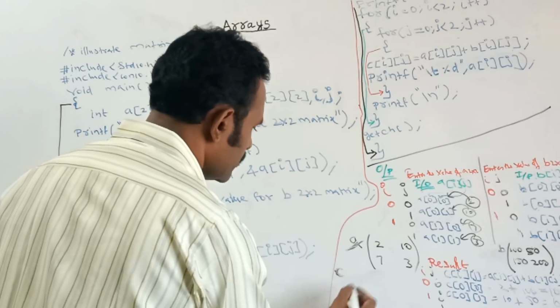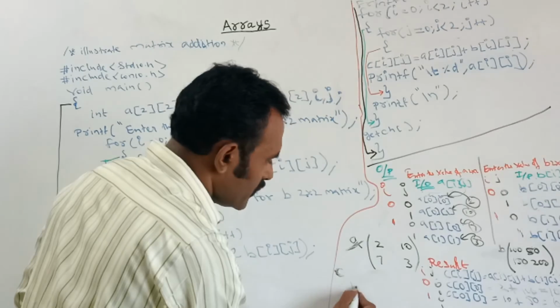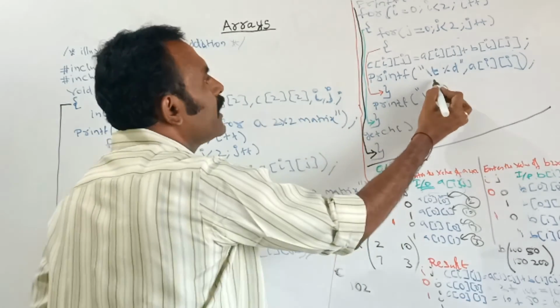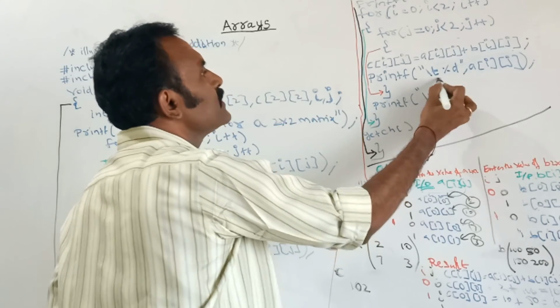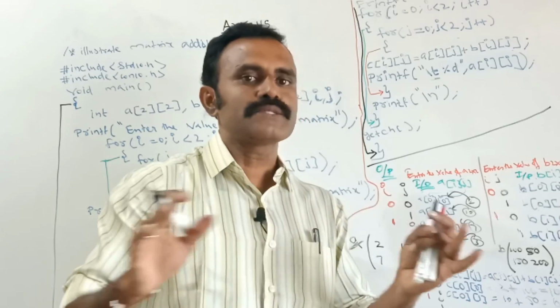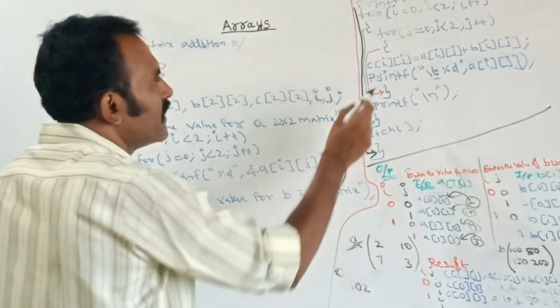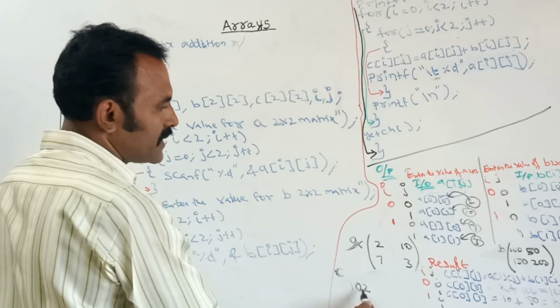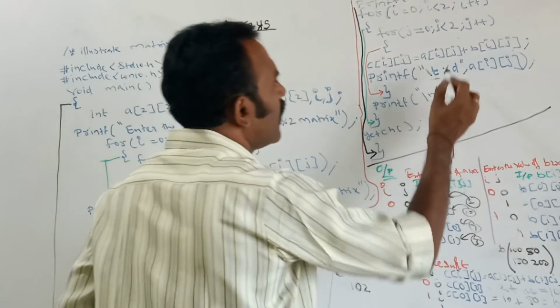See here I am using /t. The /t is used for giving the tab space. So while printing this first element, it will leave some tab space and it will print the 102.